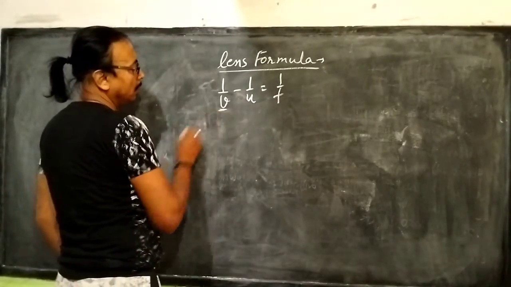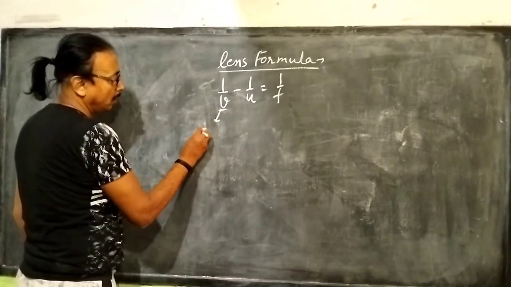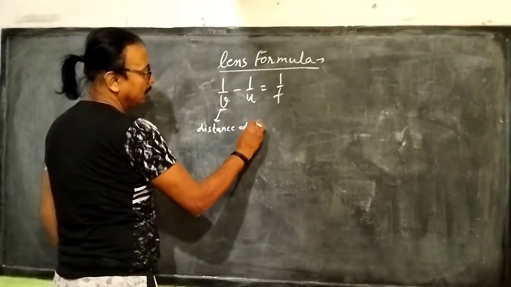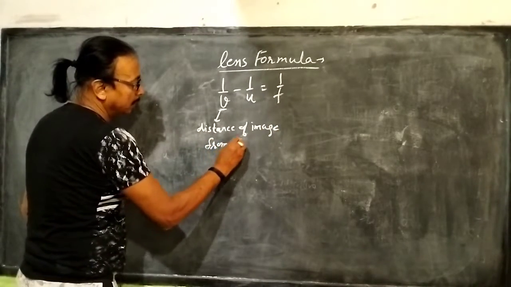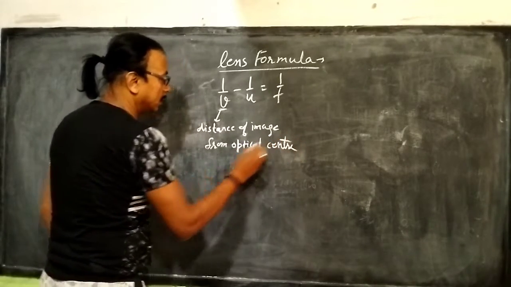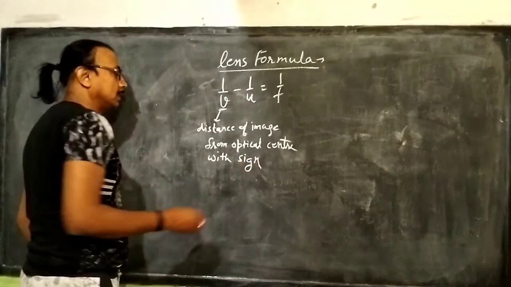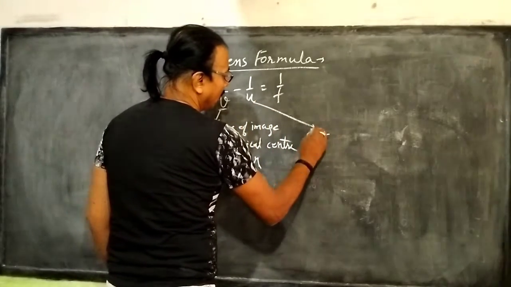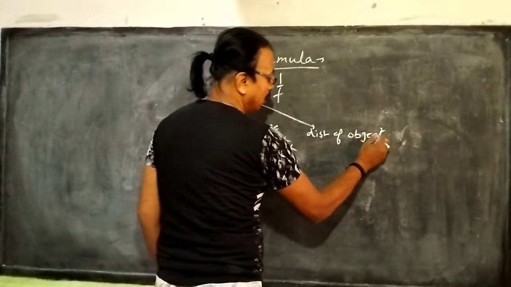Here v is the distance of the image from the optical center with sign, whether it is positive or negative, whether it is right side or left side. u is the distance of the object with sign.